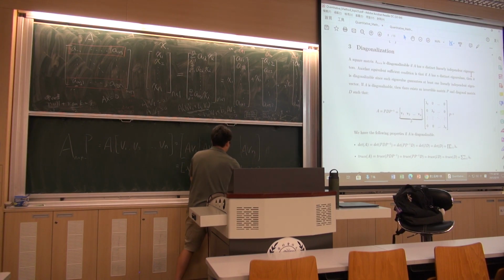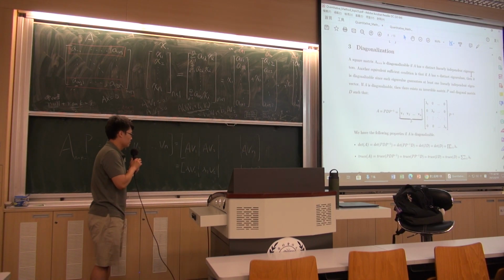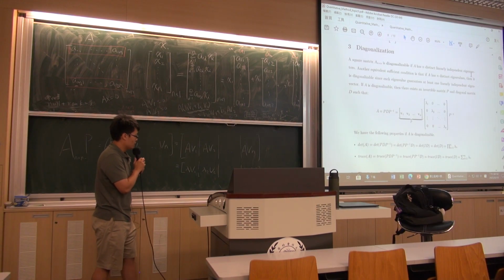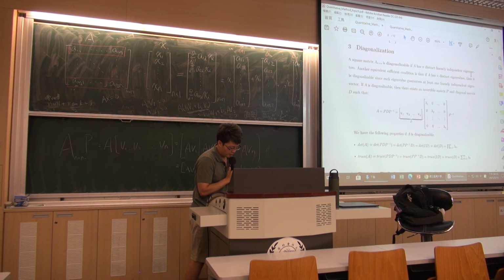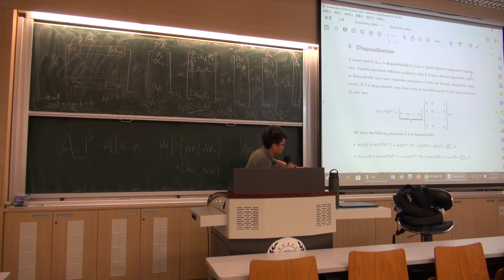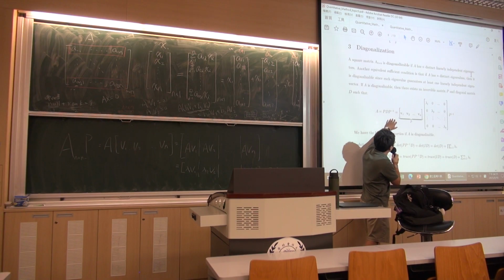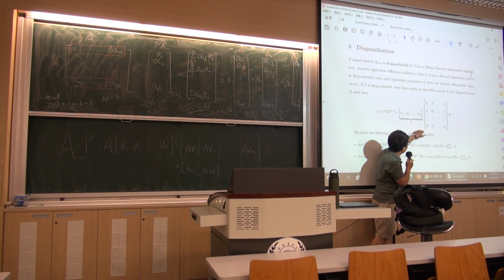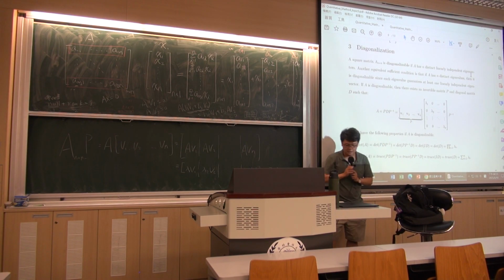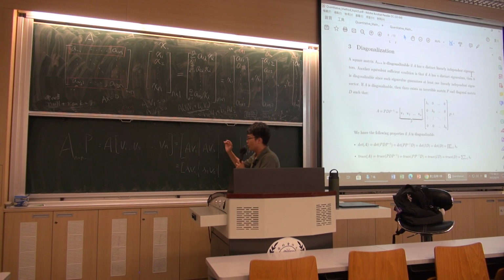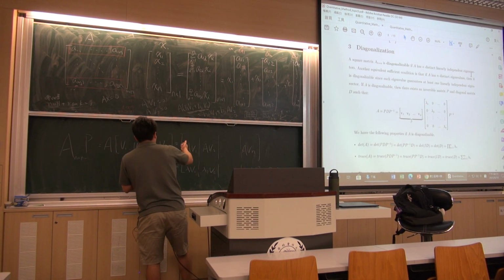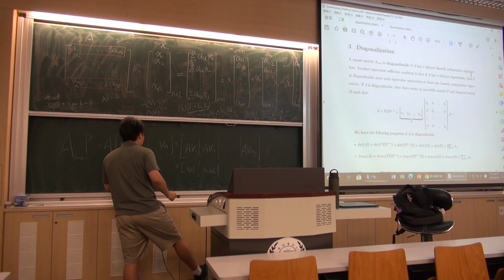And this you can actually write as PD, the same expression here, where D is the diagonal matrix and P is what you get by putting all the eigenvectors together.